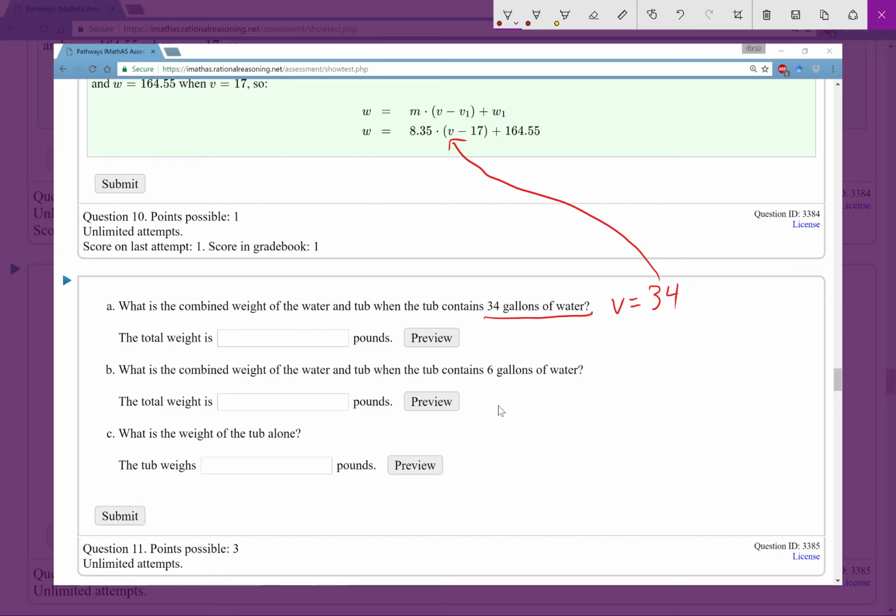So when V equals 34, the weight of the tank and water is going to be equal to 8.35 times 34 minus 17 plus 164.55. So let's go ahead and plug that in and give it a shot.